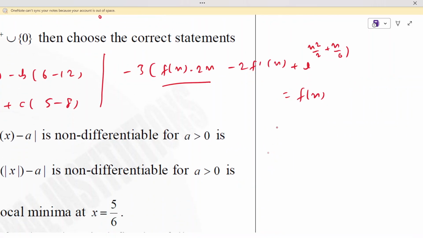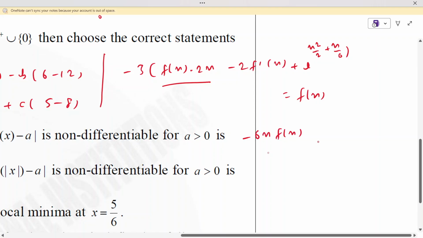Fine. So now it is minus 6x f(x) plus 6f dash x and minus 3 e to the power x square by 2 plus x by 6 minus f(x) equal to 0.